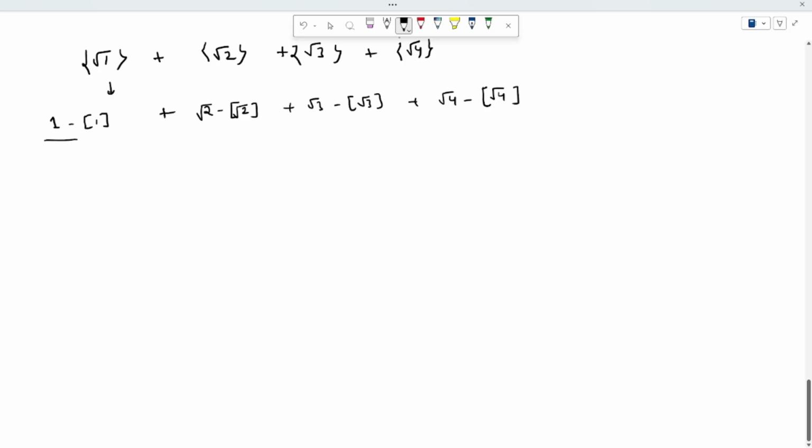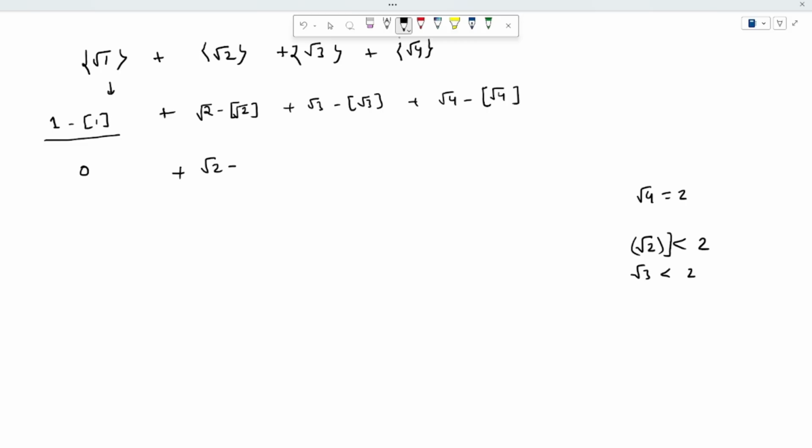So the greatest integer of 1 is 1, so 1 minus 1 is 0, plus root 2 minus greatest integer of root 2. Root 4 equals 2, so root 2 is less than 2, and root 3 is also less than 2.